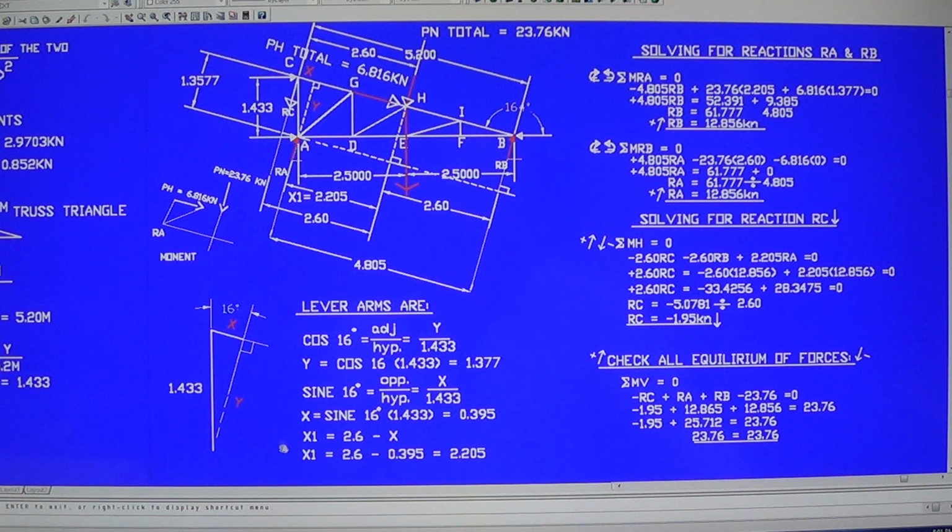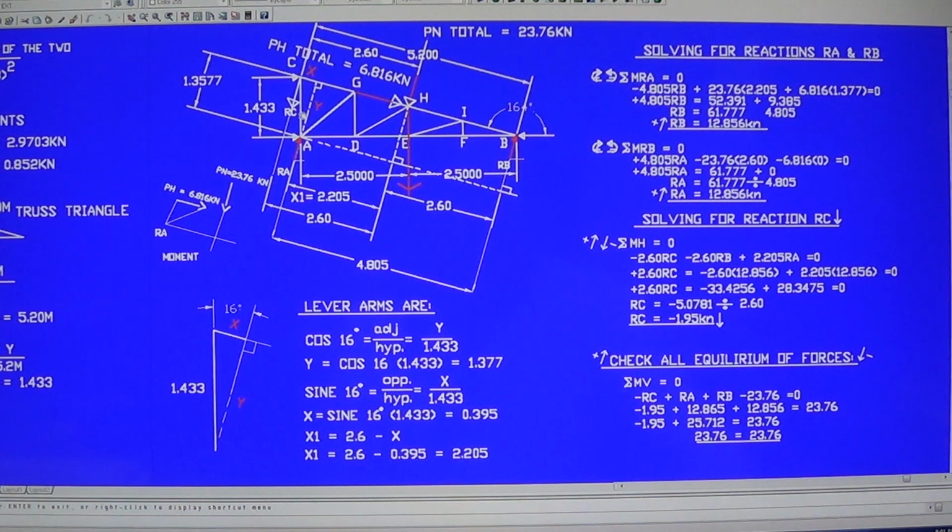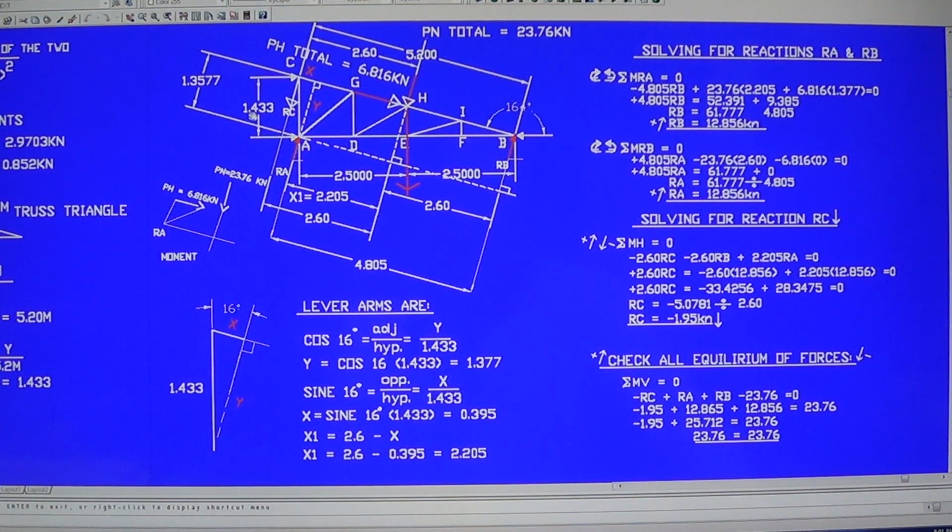So we solve for y. Well, that's a cosine function. This is the angle here. When you see the adjacent side and the hypotenuse, it is a cosine function. So y is cosine 16 degrees times that hypotenuse, 1.433. The y, the lever arm, is 1.377. So I plug it right here. That's the y, the perpendicular distance.